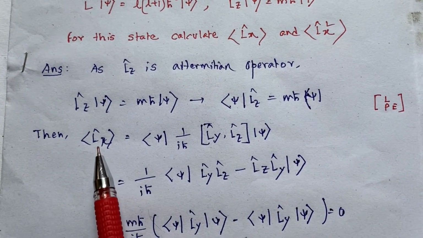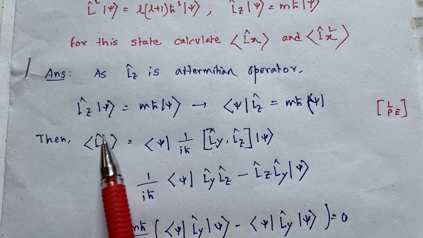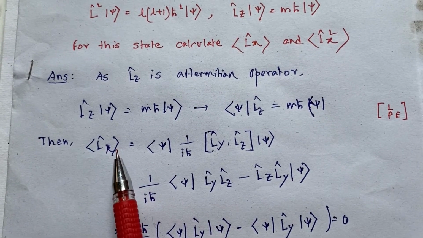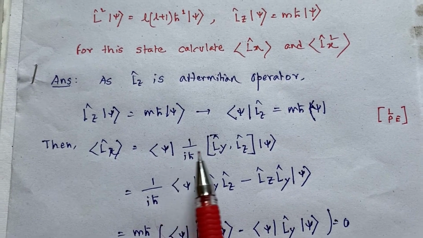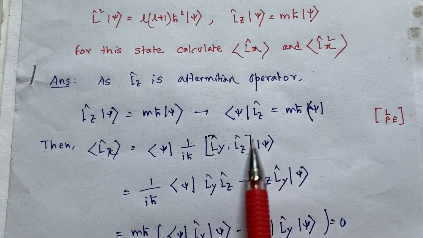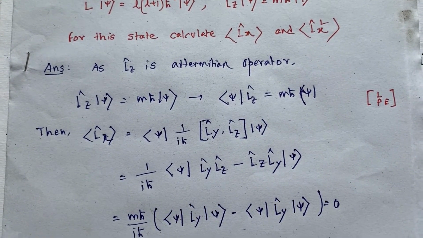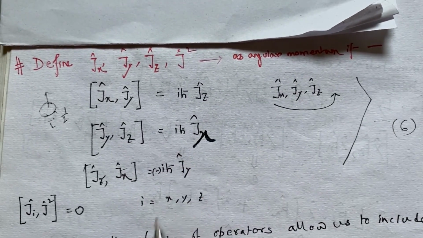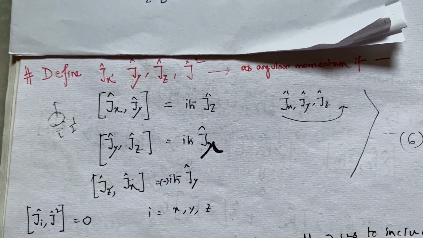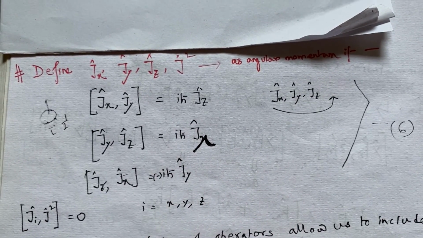Now we need to find the expectation value of Lx. The expectation value of Lx is nothing but the Lx operator sandwiched between the ket psi and the bra psi. And we know from our angular momentum commutation relation video that this cyclic permutation relation is always obeyed among all these angular momentum operators.